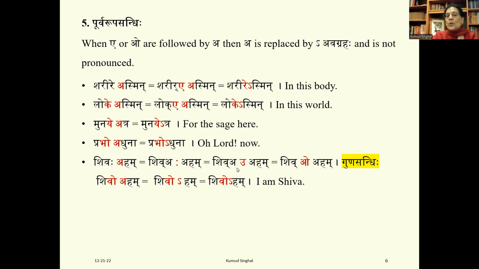A and u both will be replaced by the guna of u, which is o. So you have Shiva, o, aham. This is guna sandhi. Now va combines with o and it becomes Shivo. Shivo aham. Now here the Purva Rupa Sandhi will apply because o is followed by an a. Again, a will be elided and not pronounced. So it will be Shivoham. Shivaha aham, after the sandhi, is Shivoham. I am Shiva.